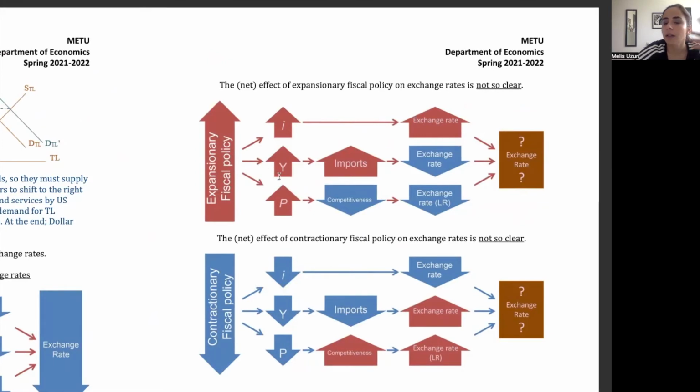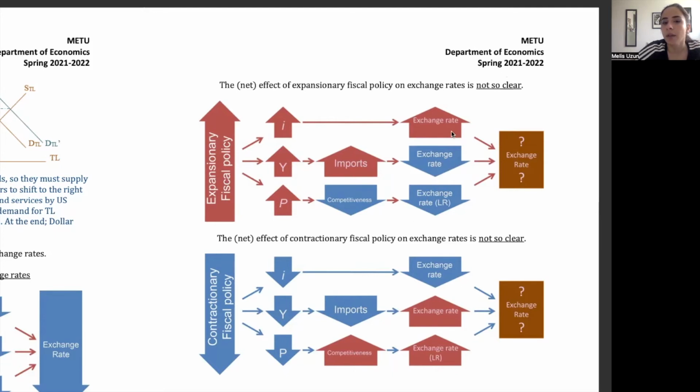That's why the incomes of people will increase, and that's why they can import more. And when the imports increase, the exchange rate will decrease, and again, the price level will increase. That's why people want to buy from foreign countries, because the goods will be cheaper. So that's why the exchange rate will fall.